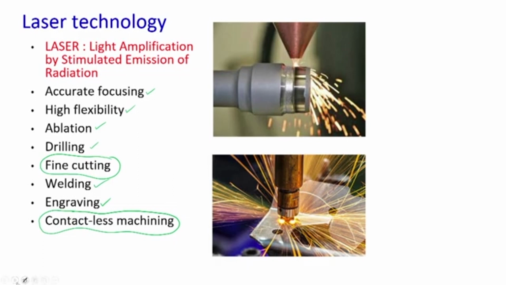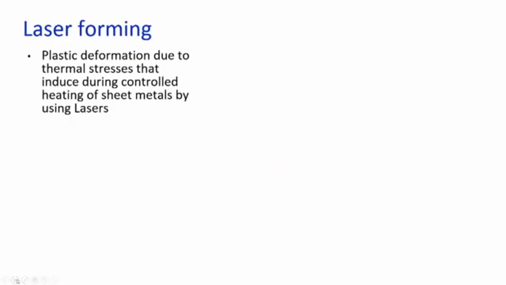So, let us see how lasers are used to deform the material. It is possible to deform the material by using lasers. We can generate plastic deformation, and that plastic deformation is generated due to thermal stresses.